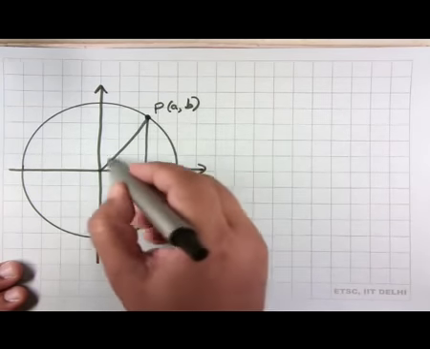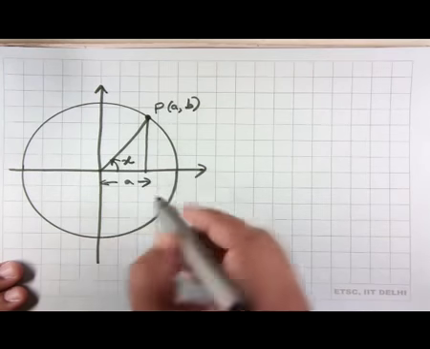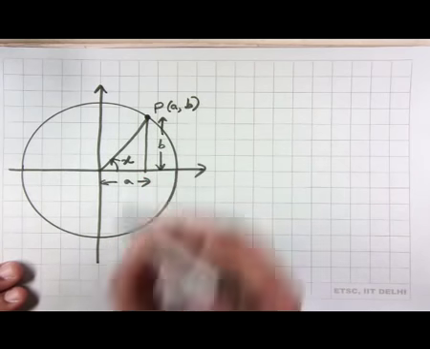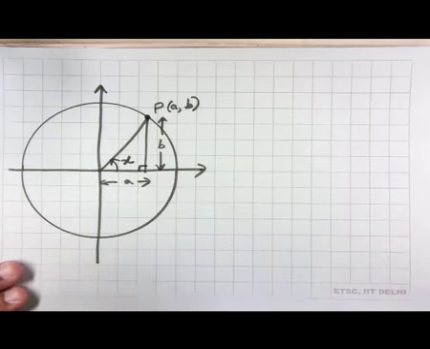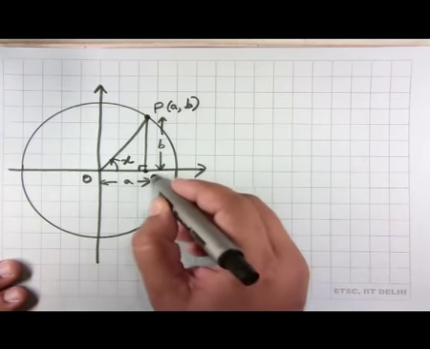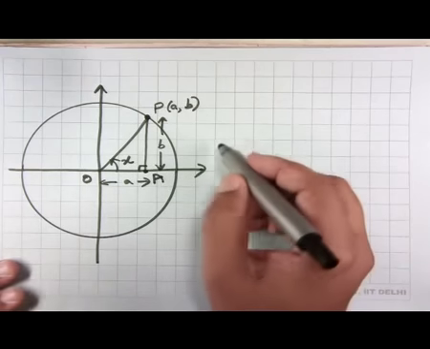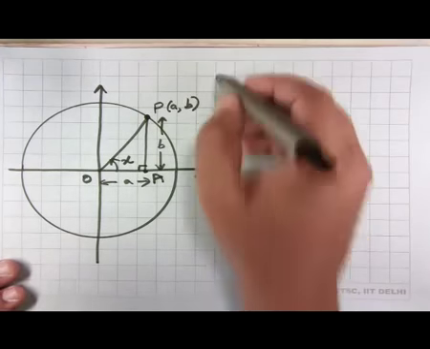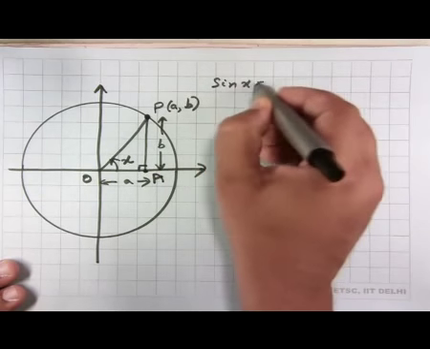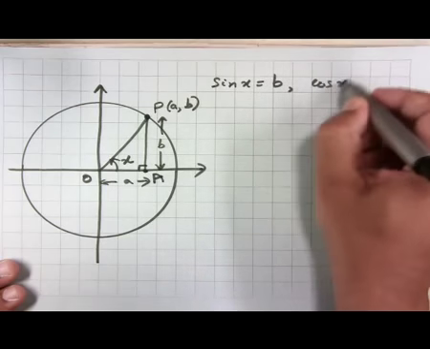So this was a, and this length was b. This is O. Let us say that this point here is A, and we had said that sine of x is equal to b and cos of x is equal to a.